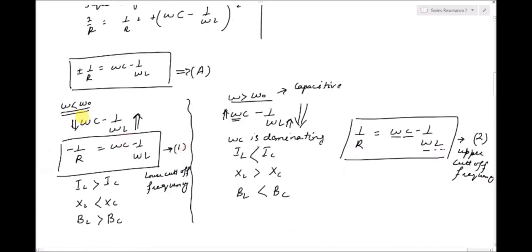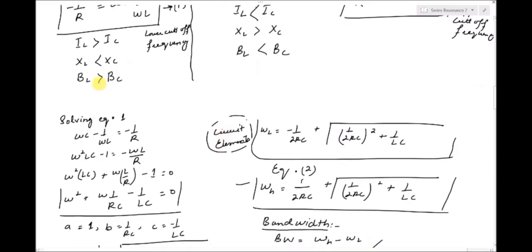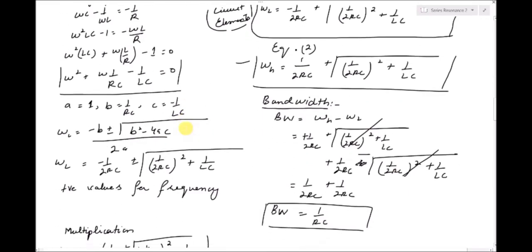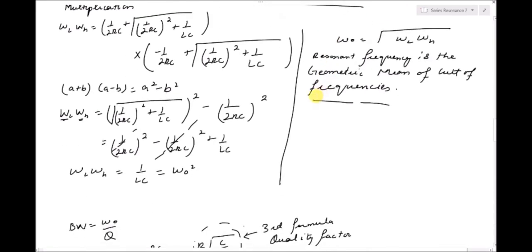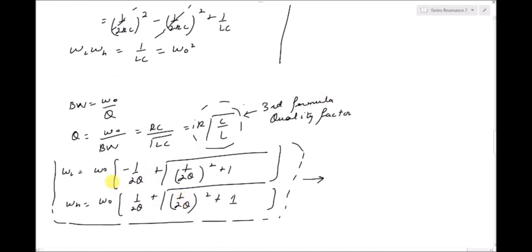So we calculated two different regions, one for omega less than omega naught, from where we calculated the low cutoff frequency. The other one is omega greater than omega naught, there we get the higher cutoff frequency, and after solving the equations we got the formula of upper and lower cutoff frequencies in terms of circuit elements, as well as in terms of quality factor and resonant frequency.